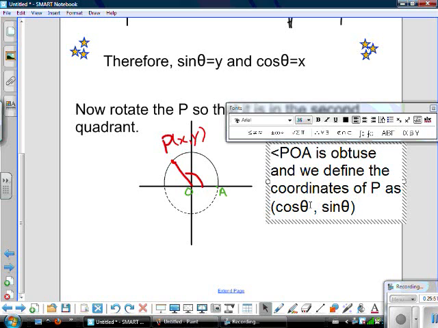Okay, so there is our ordered pair. Our ordered pair coordinates of P are cos theta, sine theta.